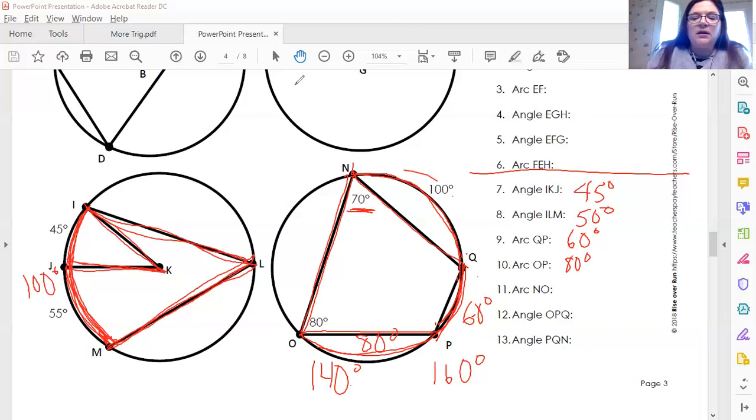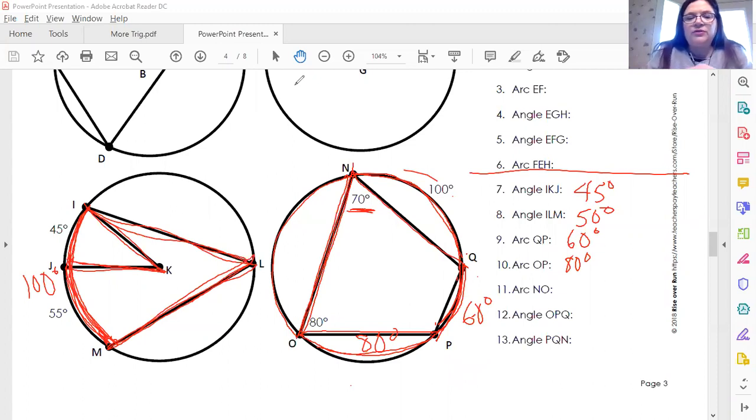What is arc NO? We don't have any inscribed angles that get us to NO. There is nothing that goes from NO to a single point. But that's okay, because I'm going to take away some of these other figures we worked on.